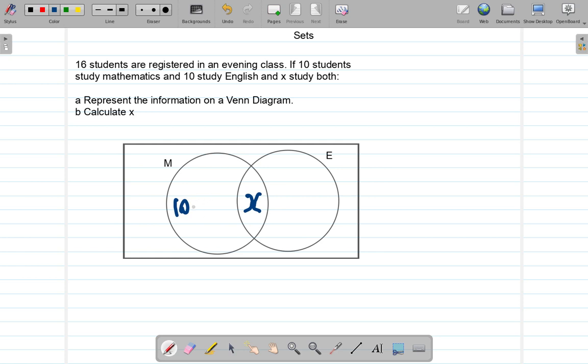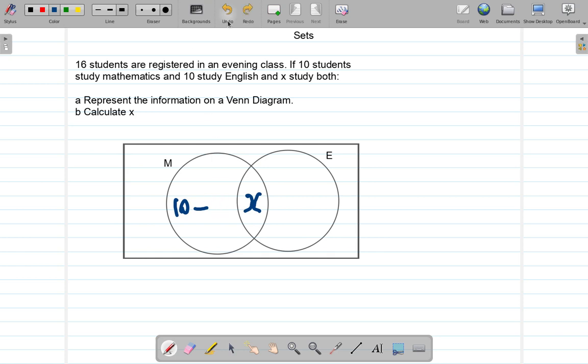If you do it in exam, you would lose marks. Because whatever X is, you would be saying that the number who are doing maths is 10 plus X. You already had X out of the 10, so you must minus X at this point.